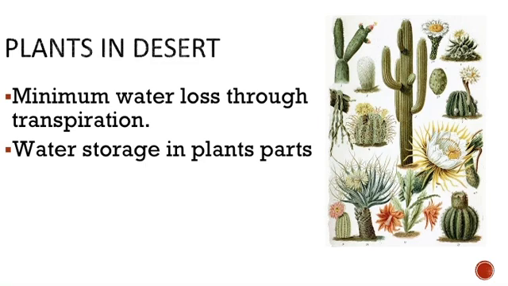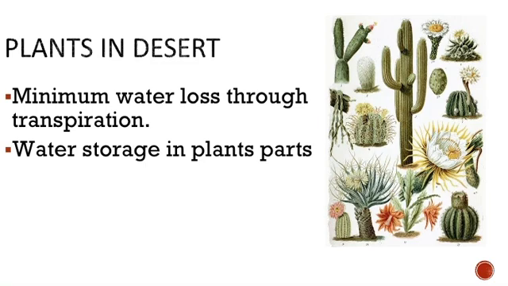Some different parts help to store water as well, which is not true of normal plants, because normal plants have excess water in them, whereas it's the opposite in desert plants. They need less water than other plants.